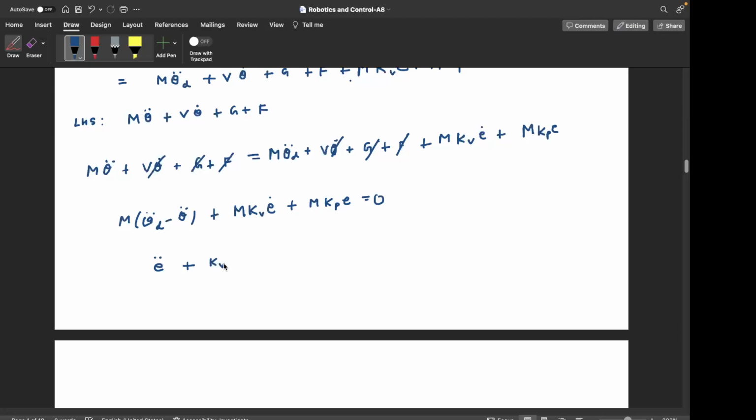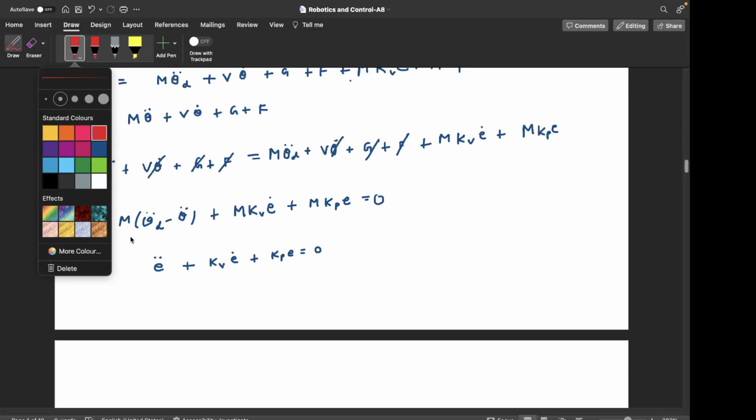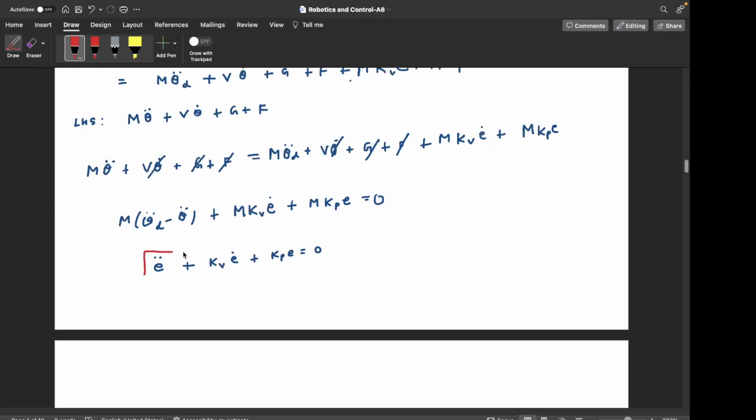So finally we get e double dot plus Kv e dot plus Kp e is equal to 0. This is our error equation, right?